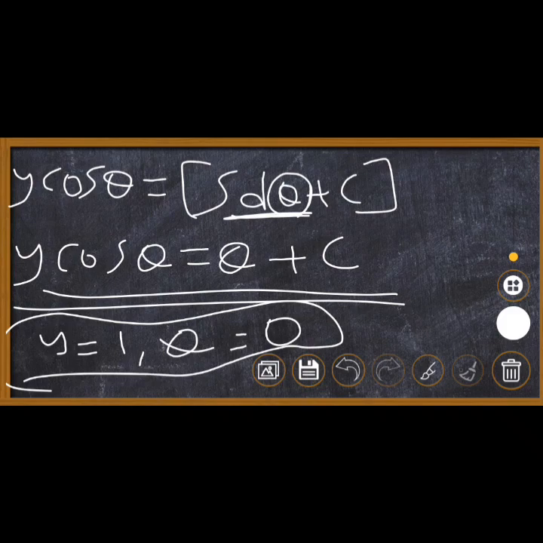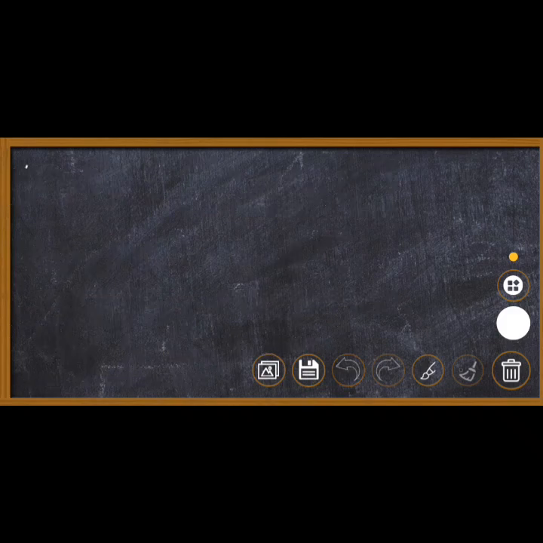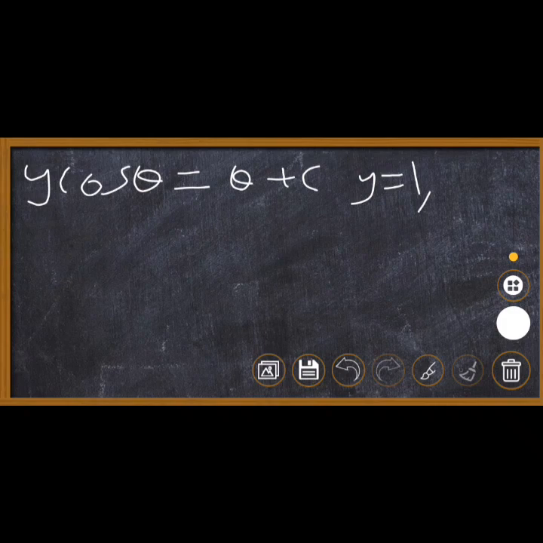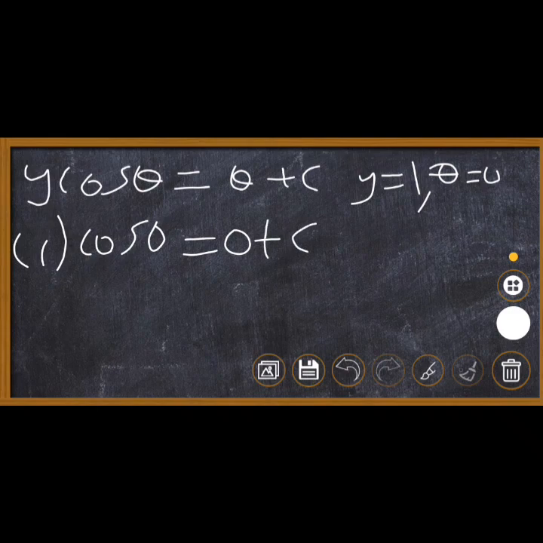So we have this as our general equation, y cos theta equals theta plus constant c. Where there is y, I replace with 1, and cos of 0 equal to 0 plus constant c.